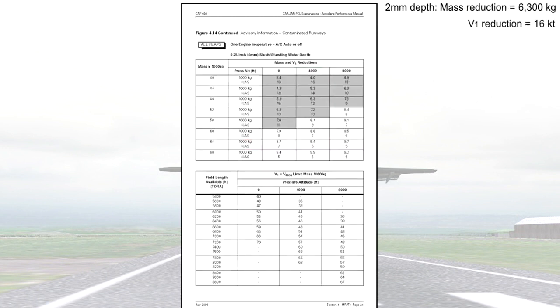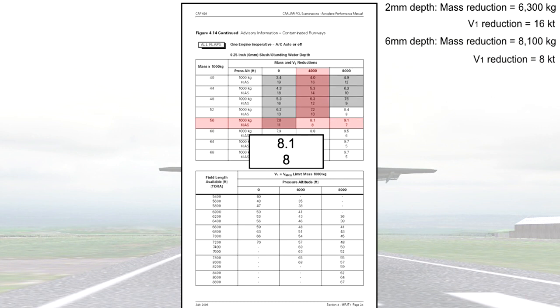However, if the depth of contamination was 6 millimeters instead of 2 millimeters, notice now that the mass reduction is more at 8,100 kilograms and the V1 reduction is less at only 8 knots instead of 16. Therefore, with increasing contamination depth, the mass reduction increases, whereas the V1 reduction decreases.